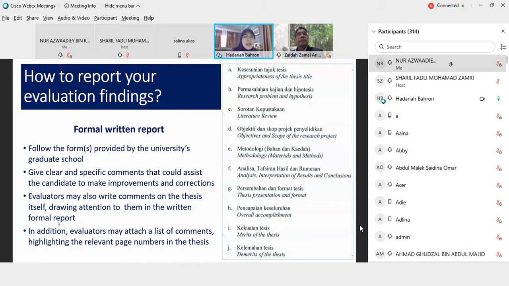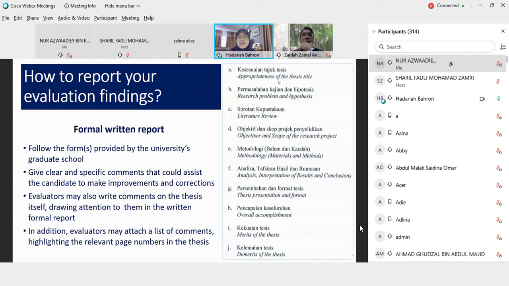If you are making scribbles on a diagram, for example, put in your report, please refer to page so-and-so in the thesis on figure 20. Then the student will refer to what you have written in there. And in addition, evaluators may attach a list of comments highlighting the relevant page numbers in the thesis.